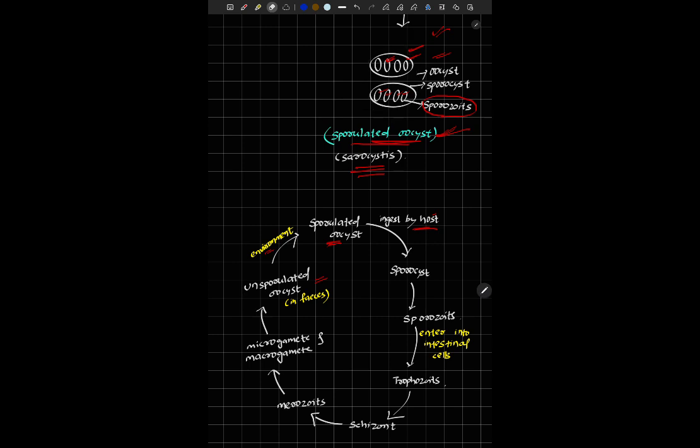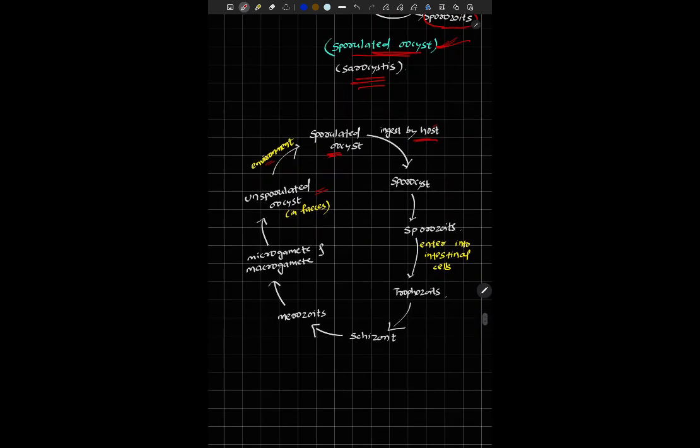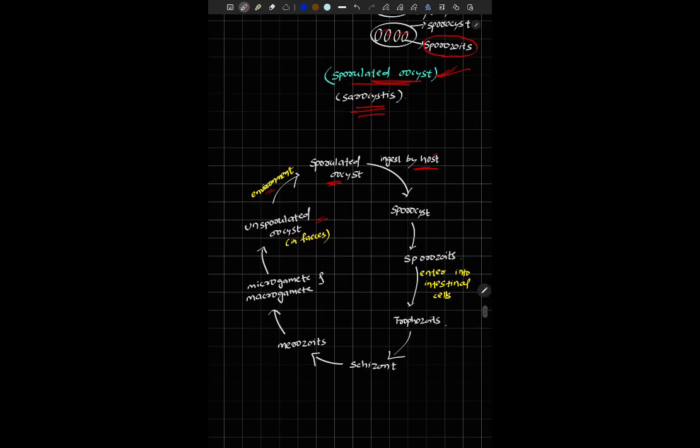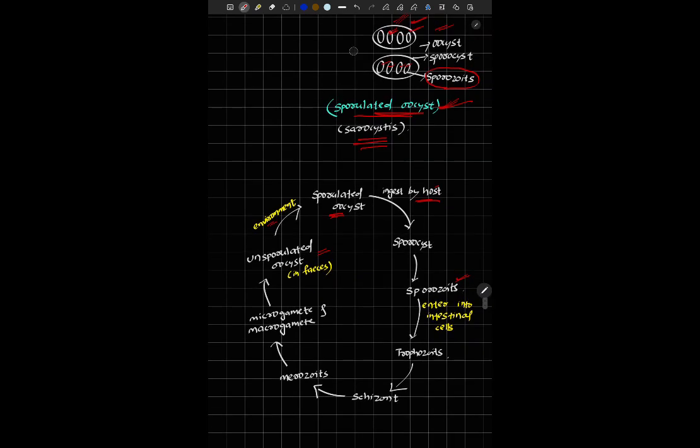So now the sporocyst layer will come out, after which the sporozoites will come out. Now the sporocyst layer will be dissolved, and all the sporozoites come out.